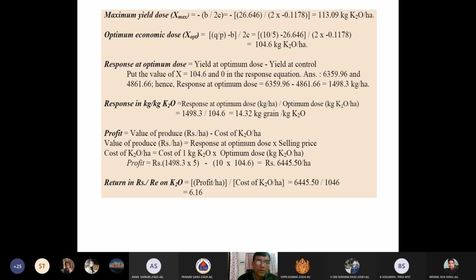Therefore, farmers should use the optimum dose of the fertilizer. Maximum yield dose is not recommended. Why use 120 kg K2O per hectare if you are getting maximum return from 113 kg K2O per hectare? That will be a loss to the farmer.